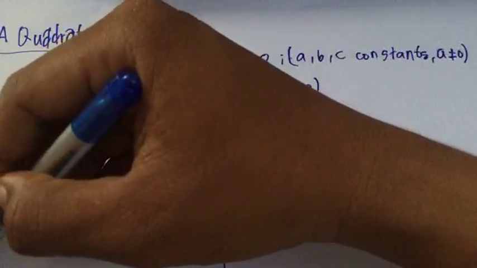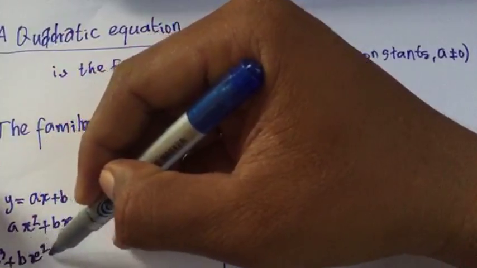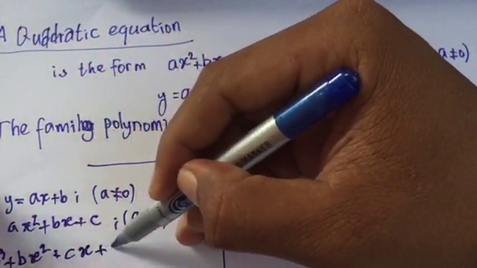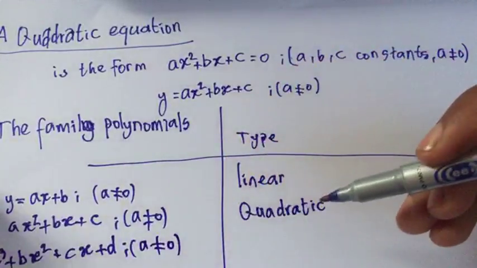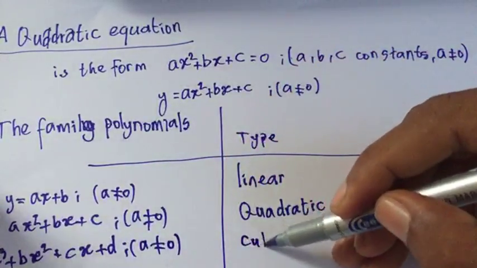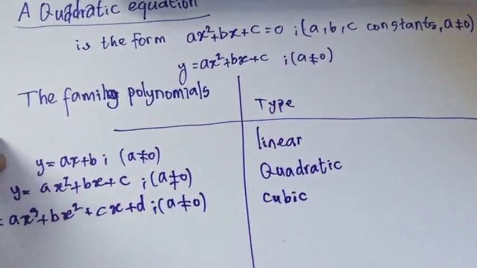And y equal to ax cubed plus bx squared plus cx plus d, with a different from 0, we call cubic. Cubic means the degree is 3.